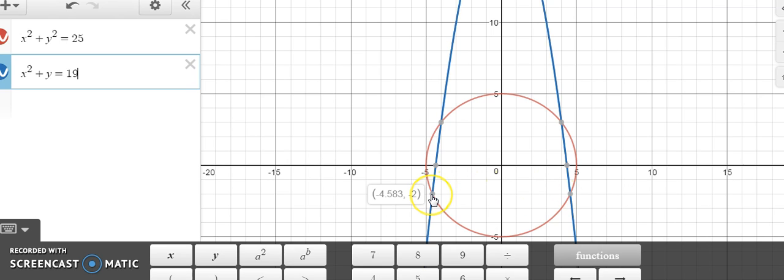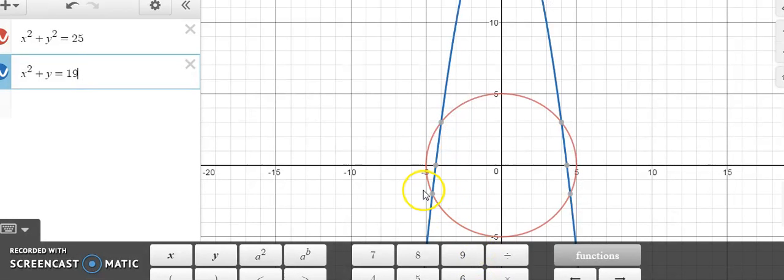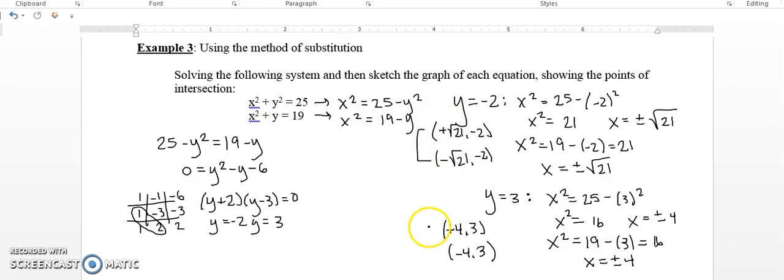The other one was negative square root of 21, comma negative 2. So those two are these two, and the other two are the ones here. One of them is at positive 4, 3, and the other one is at negative 4, 3, which lines up with what we have right here.